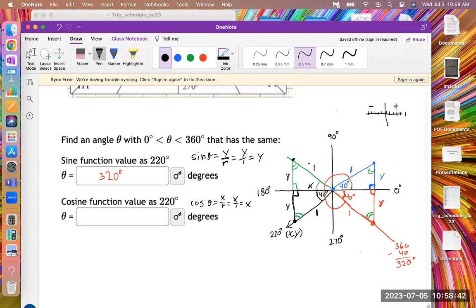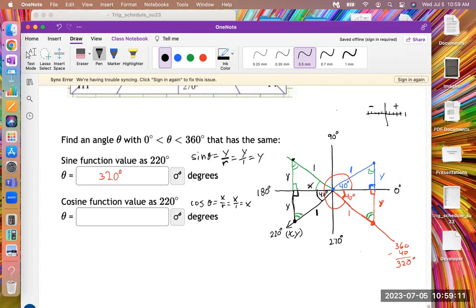So therefore, this x value is going to be a negative value. So what we need to do is figure out which one of the other triangles would also have a negative x side. Is it going to be the blue triangle, the red triangle, or the green triangle, that has a side on the x-axis that is negative?